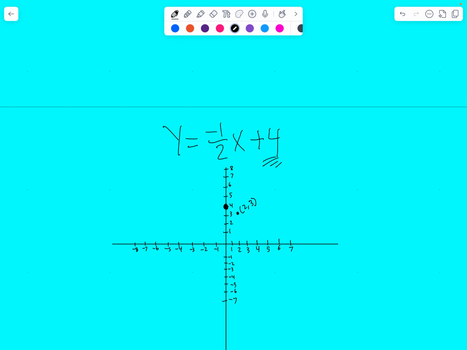But before I do, I'll just do another example for you. Then I'm going to go down by 1, which is 2 for my y, and I'm going to go to the right by 2. 1, 2. So by doing that, I'm at (4, 2), and plot that right there. And then I can draw my line.